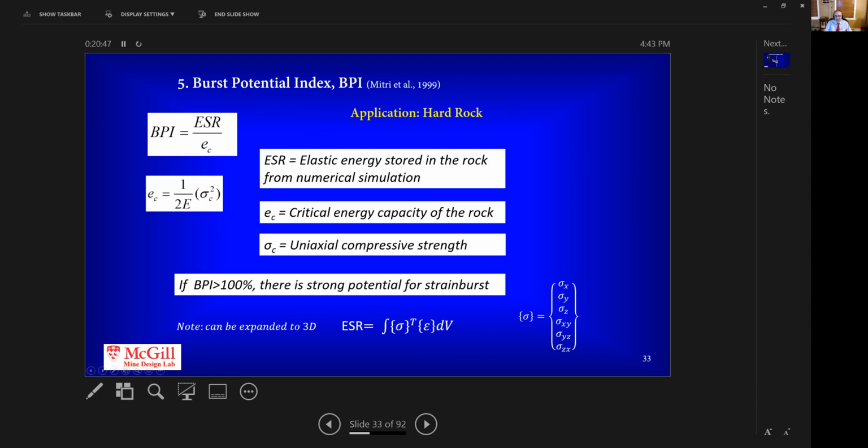However, this can be expanded to 3D, where the energy stored can be obtained by the integration of the stress vector transpose times the strain. So we have a three-dimensional state of stress. And according to this method, if you have a BPI greater than 100%, it suggests strong potential for strain burst.